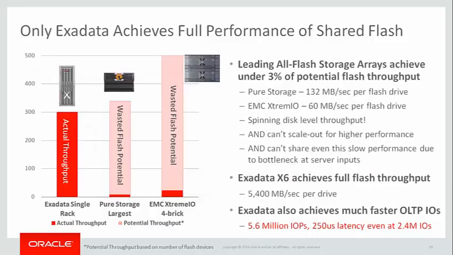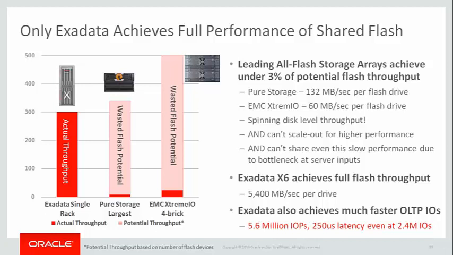Leading all flash storage arrays achieve under 3% of the total potential flash throughput available because of all the flash drives they have in their array. If you look at it, Pure Storage only offers 132 megabytes per second of per flash drive performance. Same way for EMC XtremIO, if you take a look at how many flash drives they have and calculate the effective bandwidth they're able to provide, it is 60 megabytes per second.